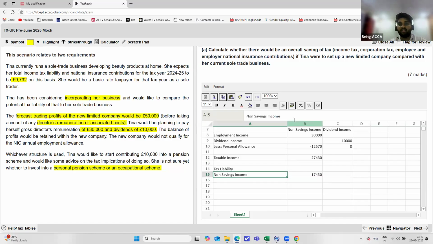And because she's a basic rate taxpayer, non-savings income would be taxed at 20%. So here it would be into, this is our tax level into 20%. Always present it in this manner, so it will help you guys have a better calculation into this. So we have gotten non-savings income tax liability would be this.